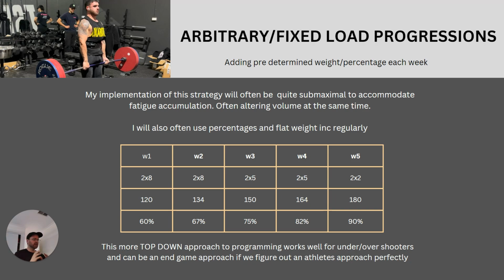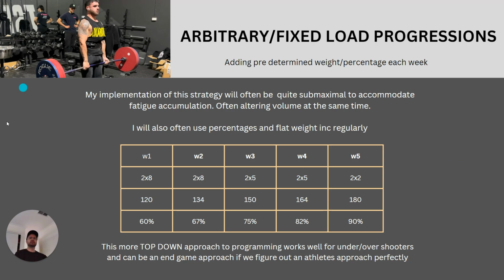What we can do is get your progressions down to the exact percentage number of where you need to be in week 1 and where you need to be in week 4. Maybe someone with a longer torso, who creates a little bit of fatigue from deadlifts, needs to move from 62% for 4 reps to 77% for 4 reps. And that's their progression. That's where they yield the best results. That is very fancy, takes a while to get there, but I just want to keep in mind that those strategies aren't just for beginners, they can also be for the very advanced, where we really have a great idea of what we're trying to go for.